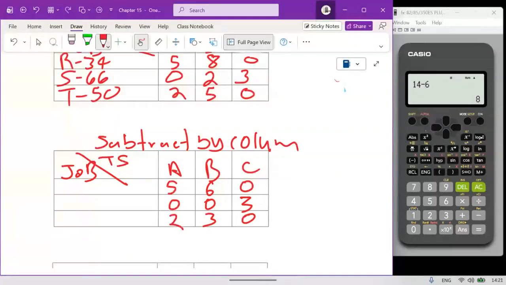So the aim now is to find an optimum solution. From here, we make these lines.